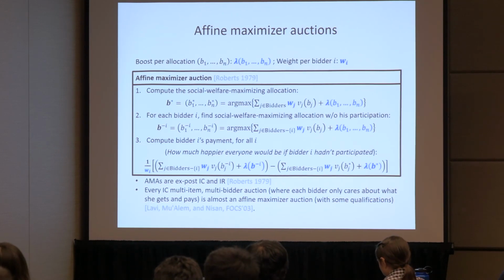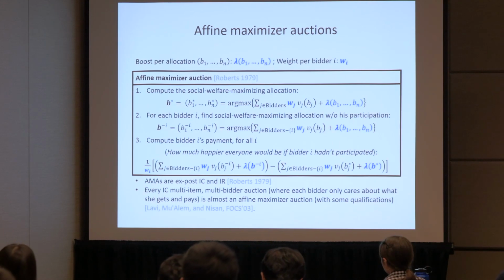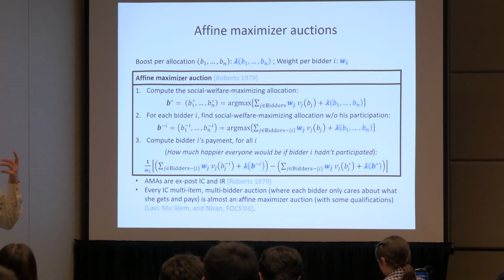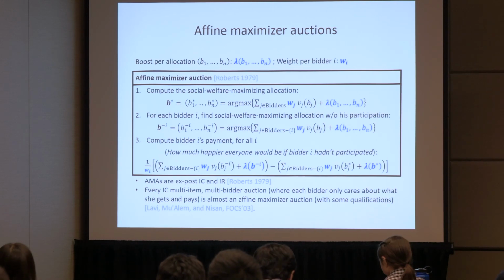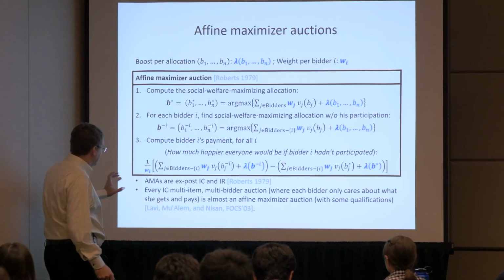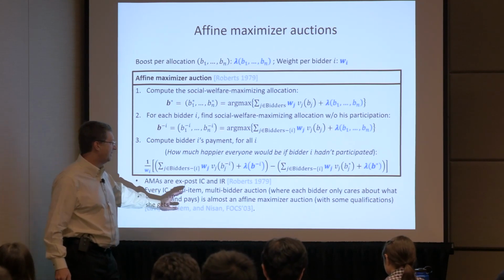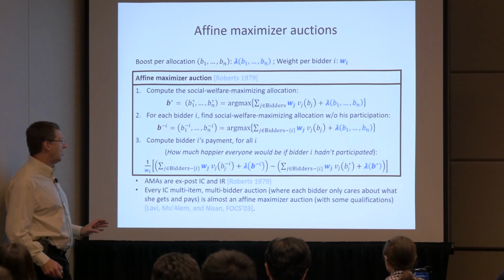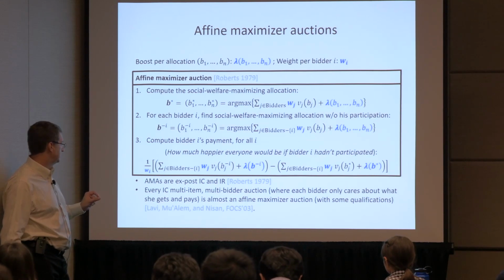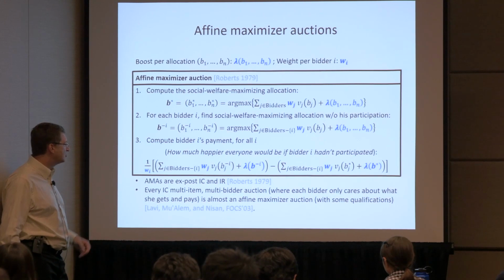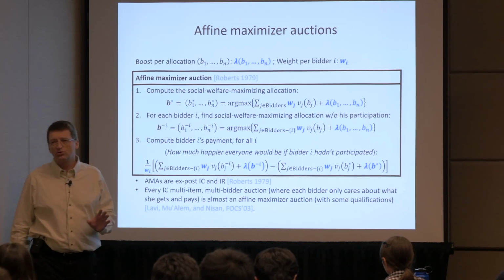The only incentive compatible mechanisms are affine maximizers. That's an amazing result, right? You'd imagine that you might want to do something else than social welfare maximization, affinely transformed, but you can't. All right. Now, another cool result is that every incentive compatible multi-item, multi-bidder auction, combinatorial auction, so bidders only care about what they get and pay, is almost an affine maximizer auction with two qualifications.